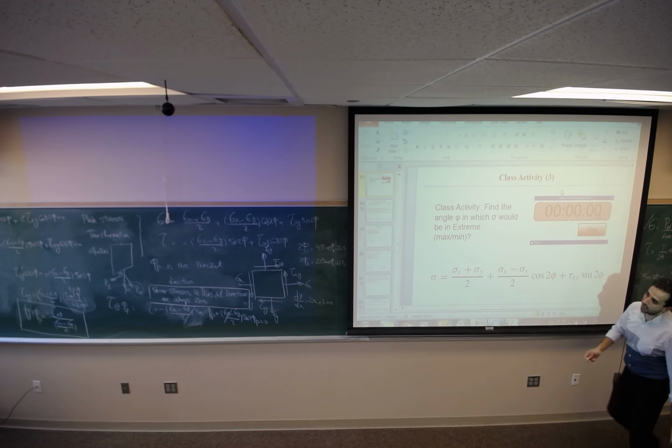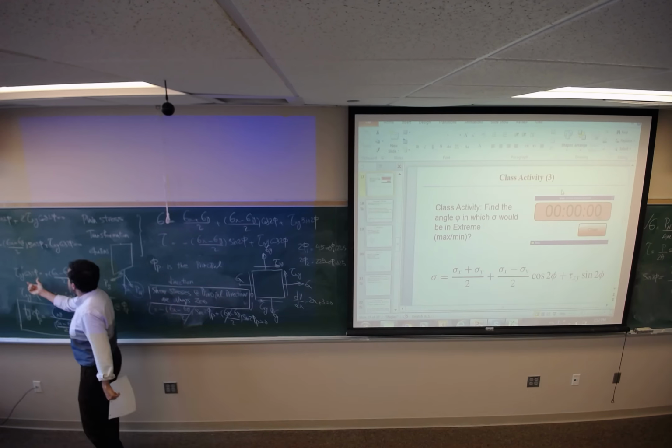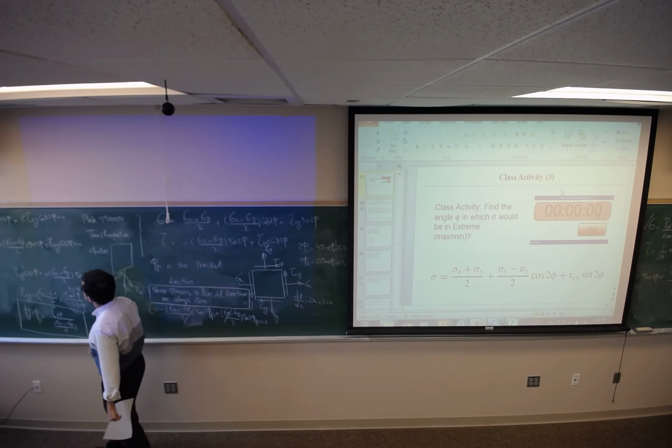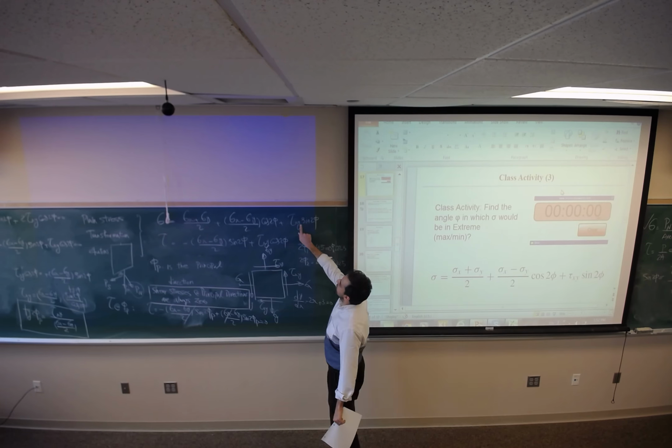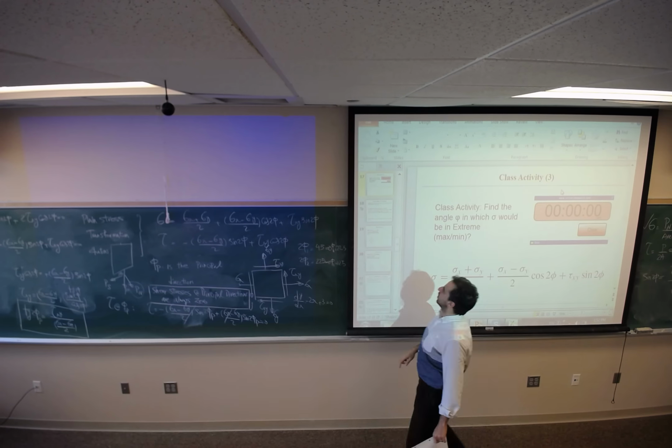What I did, I just divide this by this one. So this divided by this is going to be sine of 2 phi. So on the sigma equation, just substitute sine of 2 phi by this one.